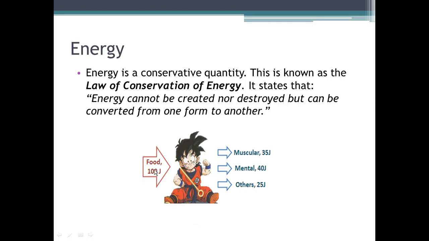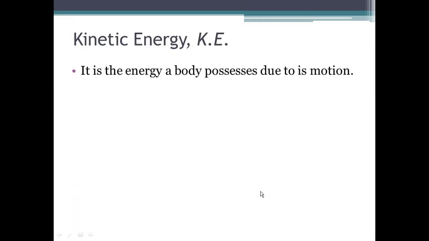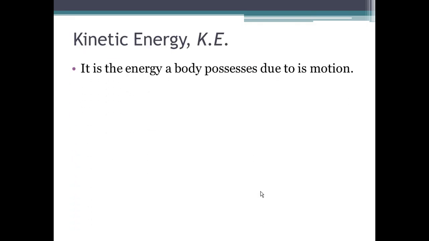So, for example, if the input energy is 100 joules, this 100 joules is transferred into different forms, but the amount does not change, so that when you add 35 with 40 with 25, that is still equal to 100 joules.